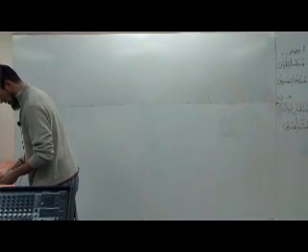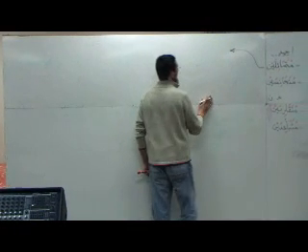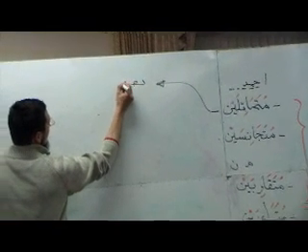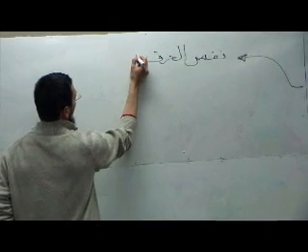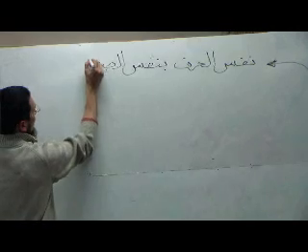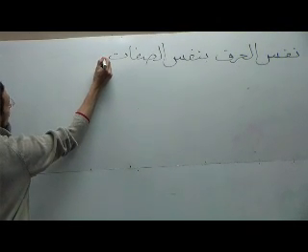Okay. So let's talk about idgham al-mutamathilain. Al-mutamathilain, by definition, is the nafs al-harf, same letter, binafs al-sifat, with the exact characteristics, ومن نفس المخرج, from the same exit.